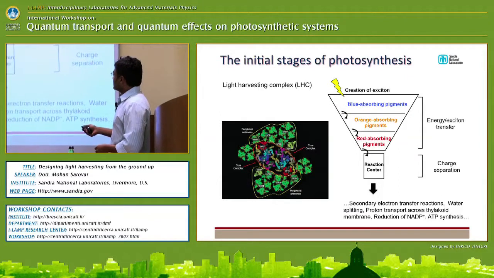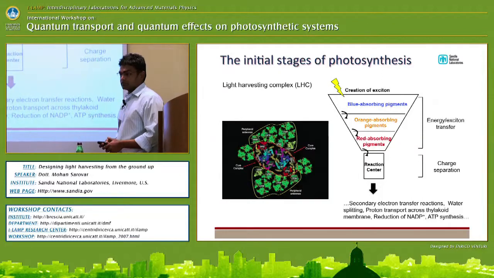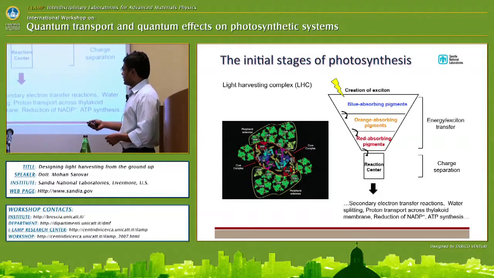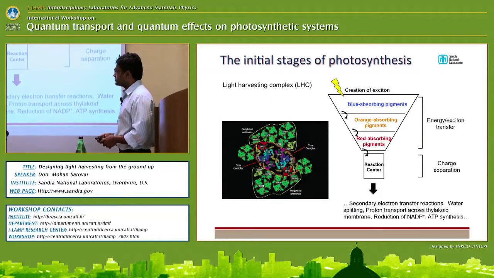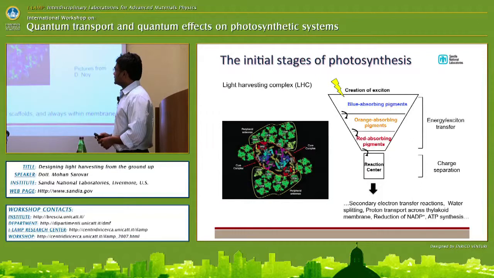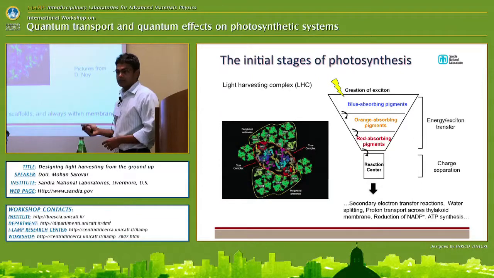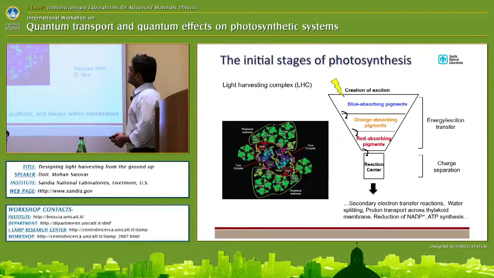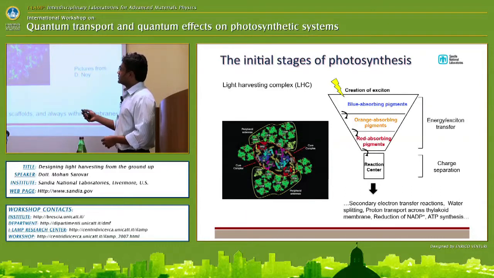Okay. So the main player here is the light harvesting complex, which I've shown you an example here. This is PS2 from plants. It's a fairly complex structure, and if you look in nature, there's a huge variety of light harvesting structures. This is just a sampling of a few of them. You have some that are very symmetric like this.